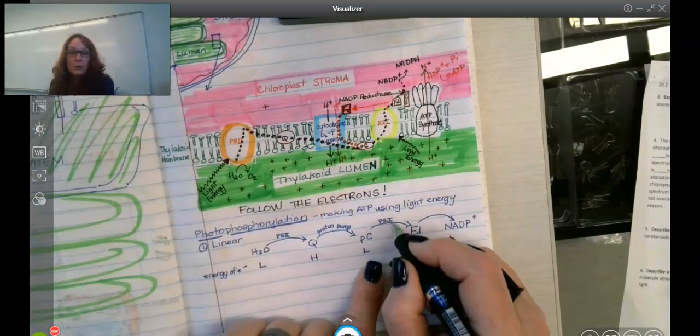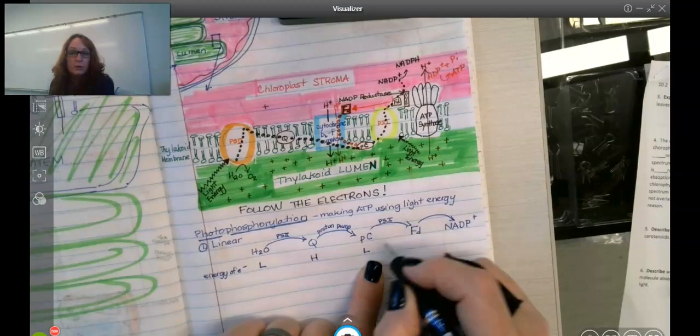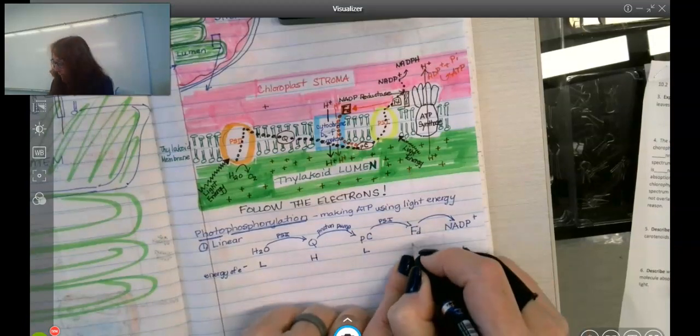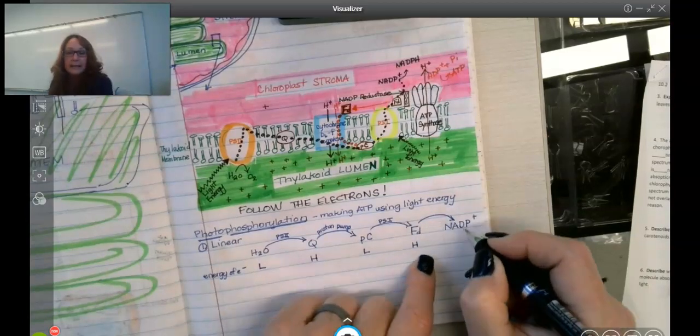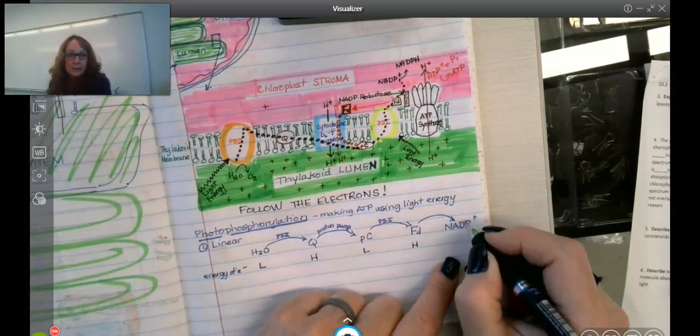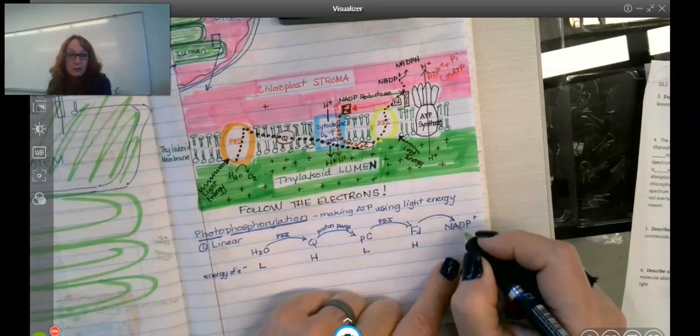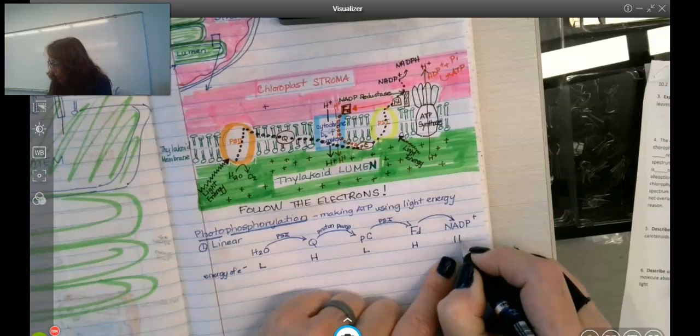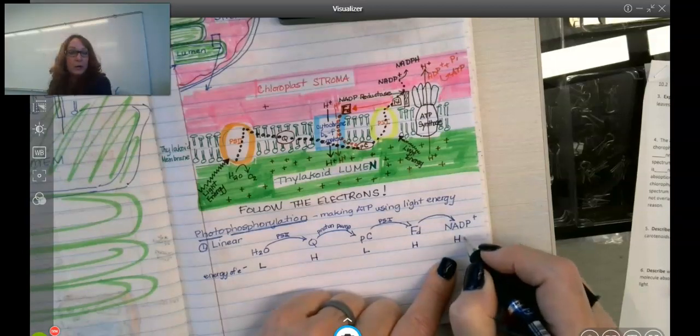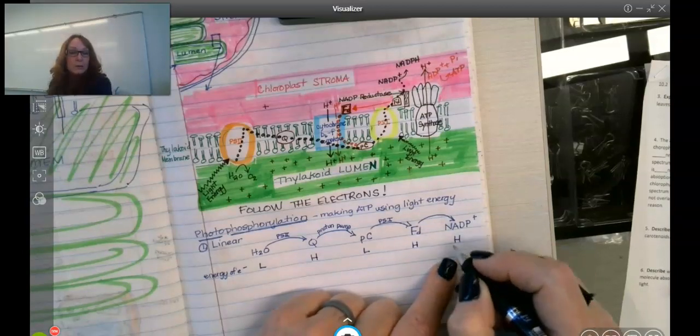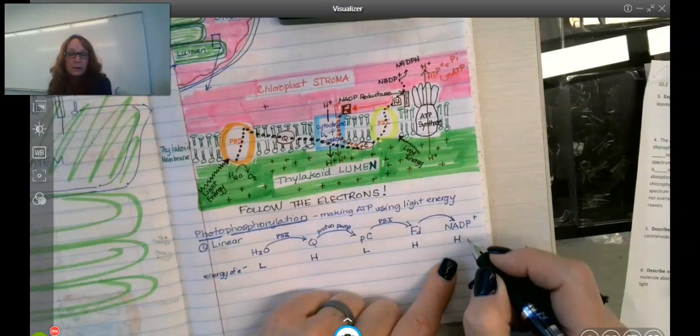Now we've got to re-energize that electron, which we do with light, and we're back to a high energy electron that's handed to NADP, which is reduced, so it becomes NADPH, and it carries that high energy electron pair to the Calvin cycle in order to put some carbon dioxides together.